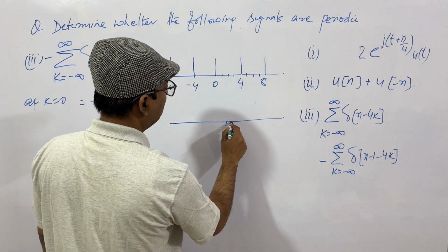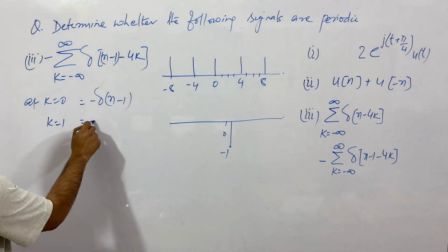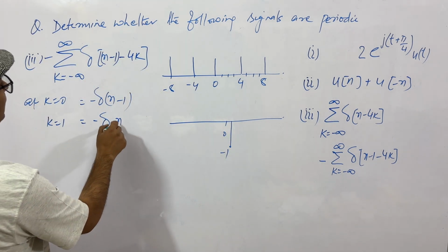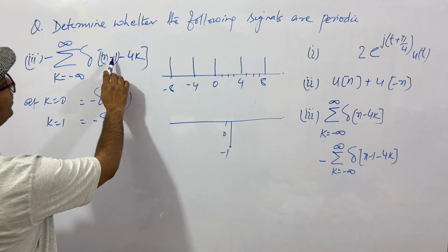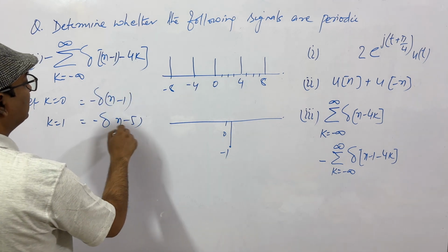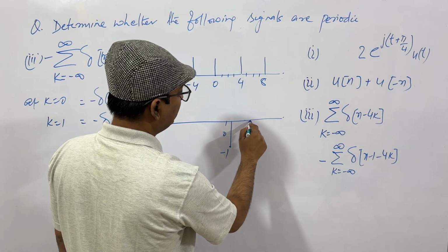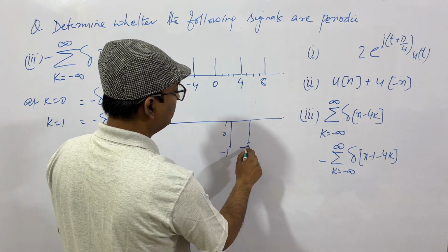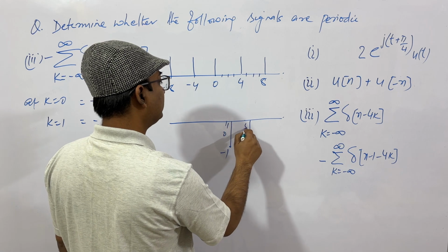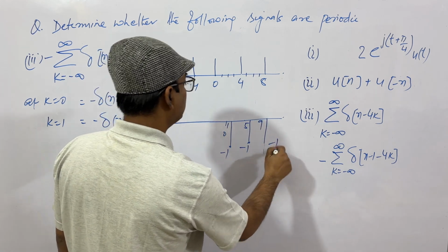If this is 1, it is k equal to 1. This will be minus del n minus 1 minus 4, so minus 5. So this will be at 1, this is at 5. Then obviously at 9, this will be minus 1.